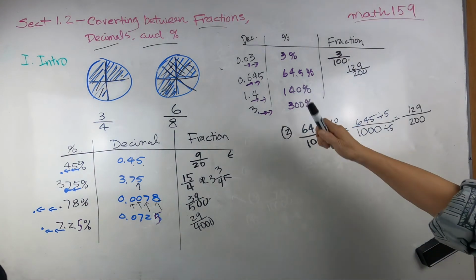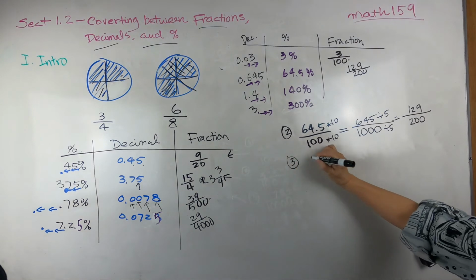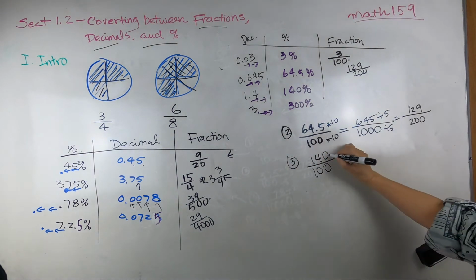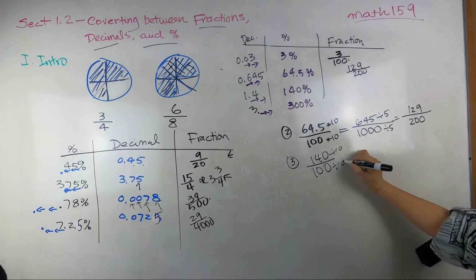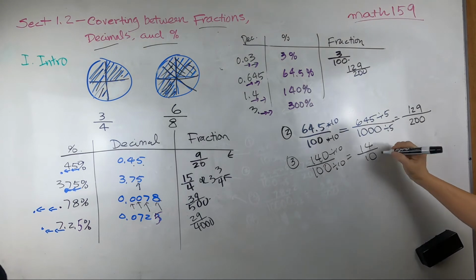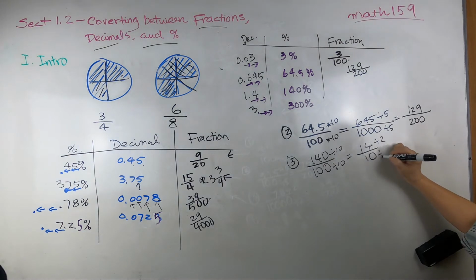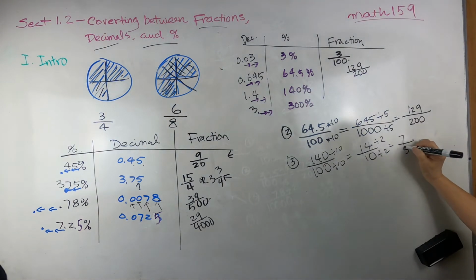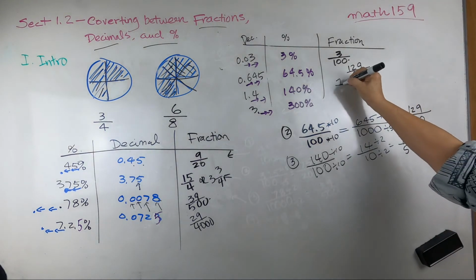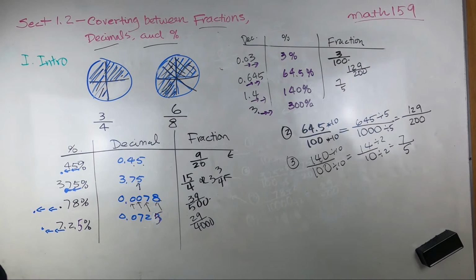How about 140%? So means 140 out of 100, right? So you can divide it by 10 for both. Will be 14 over 10. Then you want to make it smaller, right? Divided by 2, that would be 7/5. Is that right? So that would be 7/5.